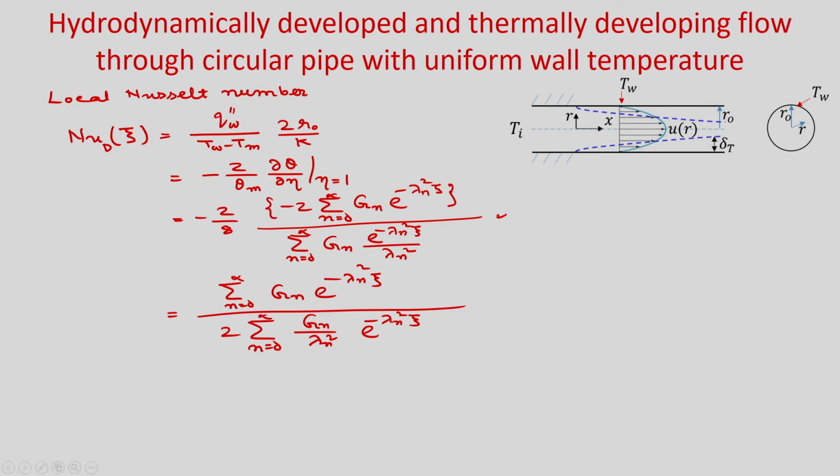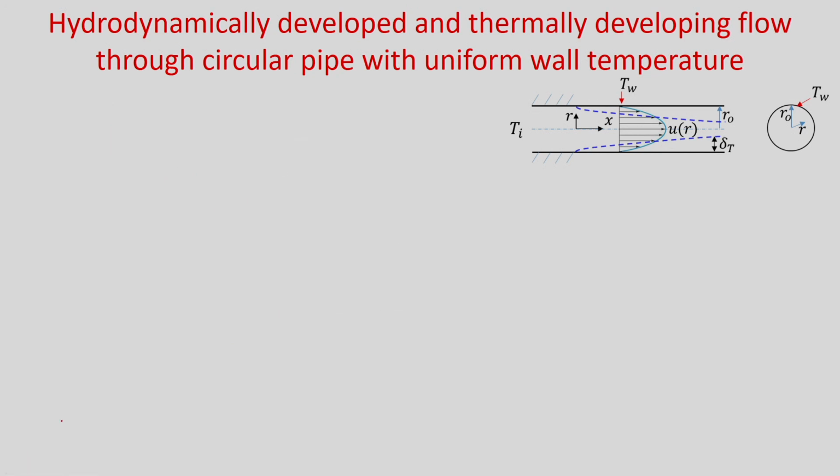Okay. So, now let us find the average Nusselt number. So, we will use the energy balance whatever we have derived earlier. So, average Nusselt number if you calculate, okay, you can write Nu bar, which is your Nusselt number based on diameter. Okay.